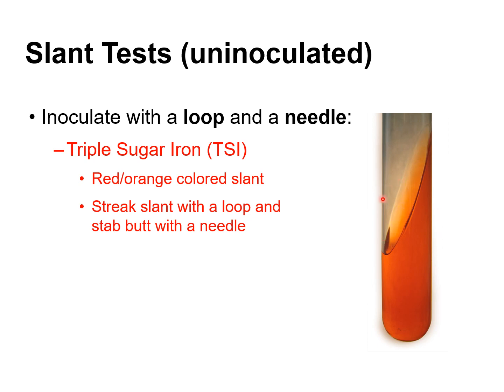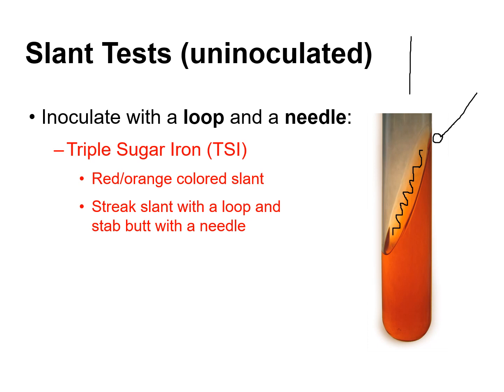So when you want to inoculate this test tube, before we talk about what the test is called, if you have a slant like this and you want to inoculate it, what we do is we inoculate the surface using a loop. So you inoculate that slant surface using the loop. And then to inoculate the deep, we use a needle.